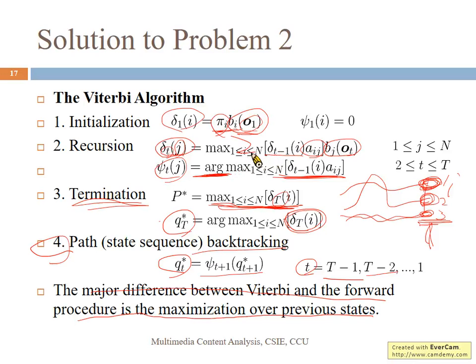You may look back at the forward procedure: we do summation over all i equal to 1 to N. And in the Viterbi algorithm, we don't sum over all previous states. We just find the maximum, the highest probability. So that's quite similar, but a little bit different.